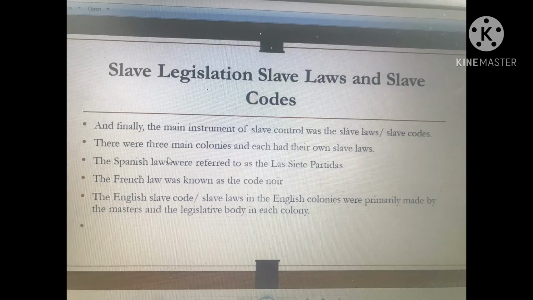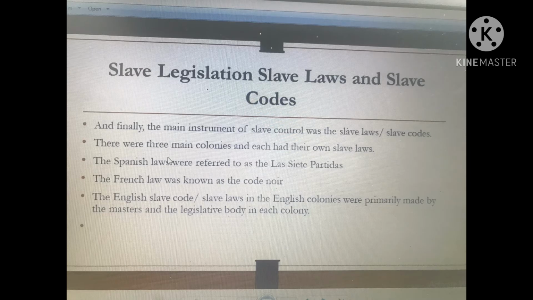The Spanish law was referred to as Las Siete Partidas, the French law was known as the Code Noir, and then the English law. The English had no set law or code, but instead the English law was primarily made by masters and the legislative body in each colony.